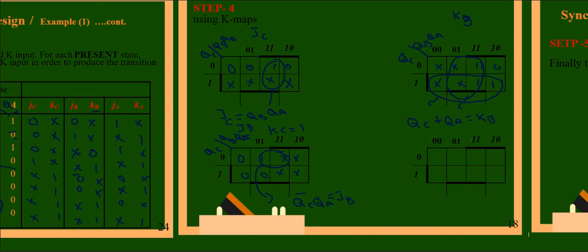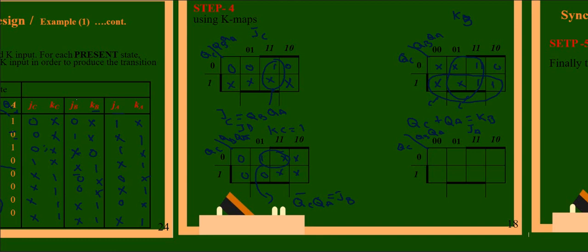In a similar way we can go for JA here. When you go for JA, you see that there is some 0, so we cannot do it directly. We can go with the K-map portion. First we move on to the similar K-map as previously taken, QC, QB, QA. So in this case it is the JA portion.